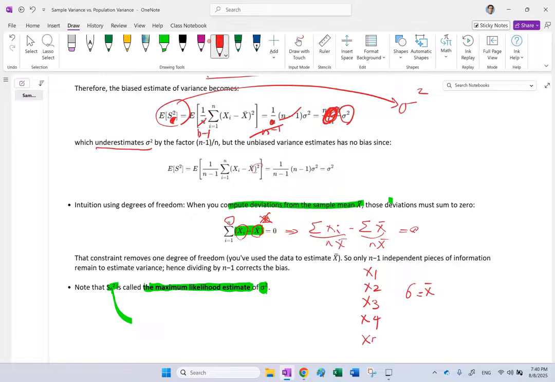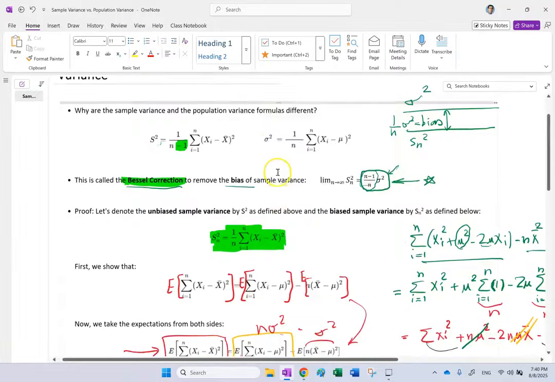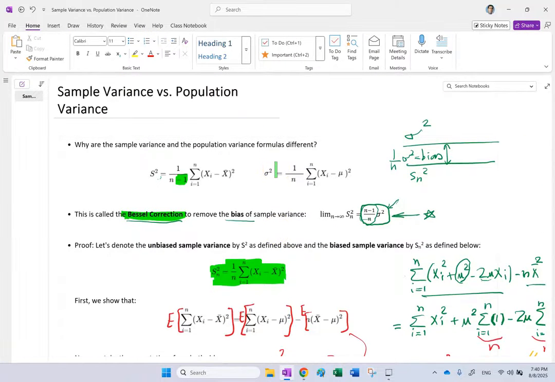How many of these x's can you freely determine? The answer is only 4 of them, because the fifth one should be such that their average is 6. So out of n numbers, I have n minus 1, in this case 4, of the numbers free to be selected. So my degrees of freedom is actually n minus 1, or 4. Therefore, when I calculate my variance, instead of using n as the degrees of freedom, I use n minus 1. Okay?